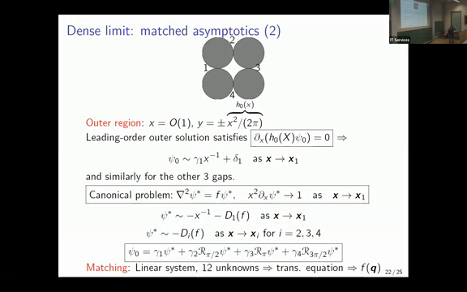But here you do it once and for all for this particular asteroid domain, and you get a table of values, and then you can just use it to get your f of q for all these obstacle sizes in the dense limit, of course.